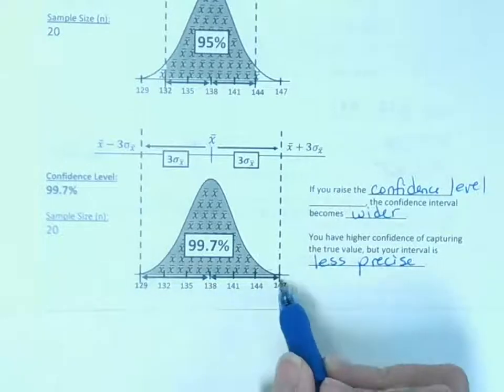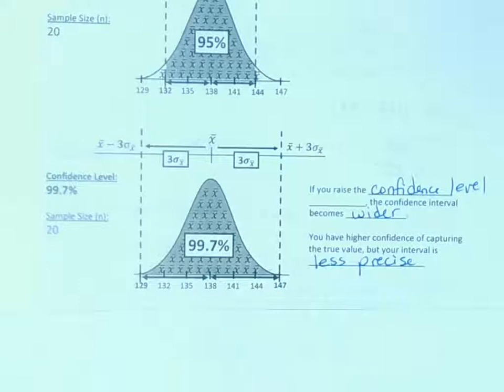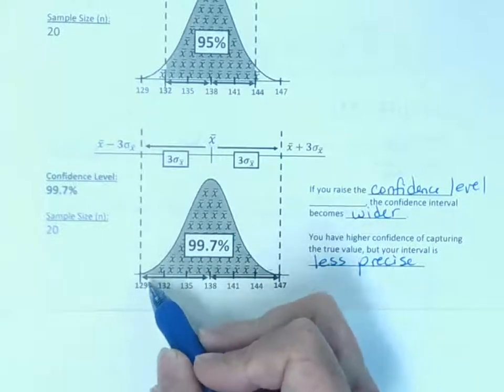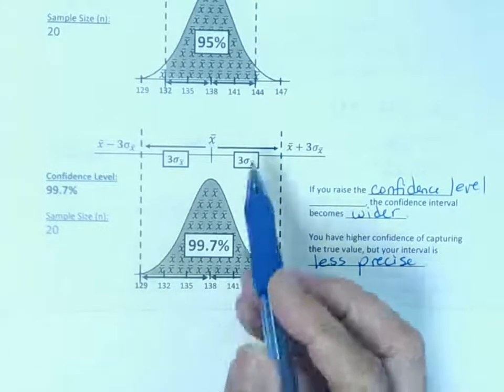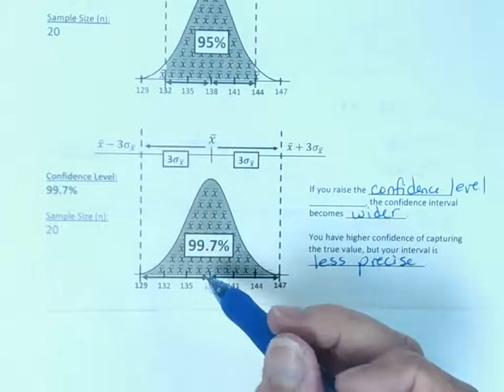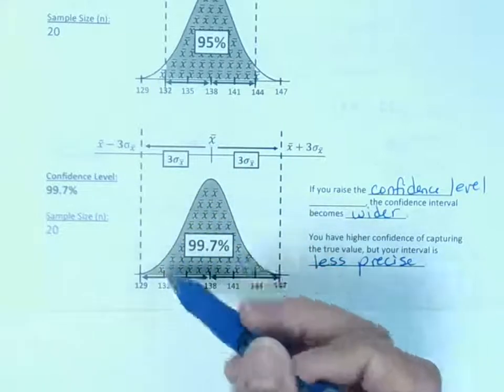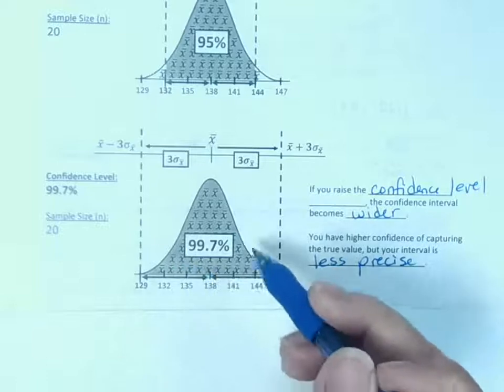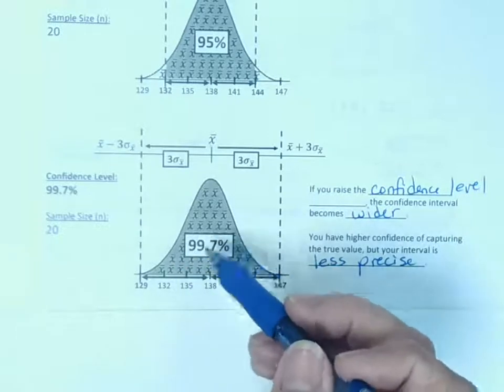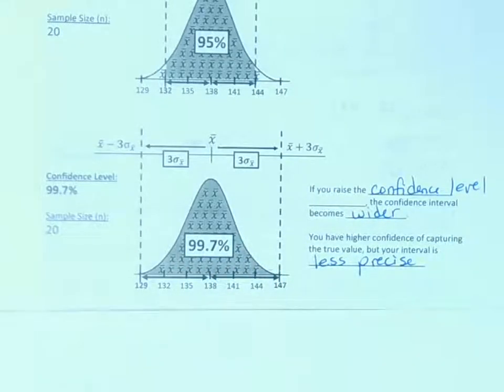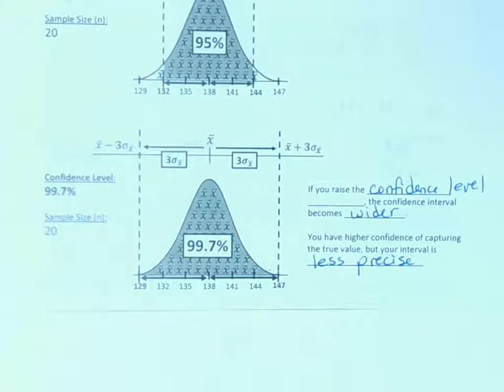So it's a much bigger interval. So in terms of planning for supplies, I think I would prefer a smaller interval versus a large interval, even though this might capture, this is a better chance of capturing the true mean of the population.